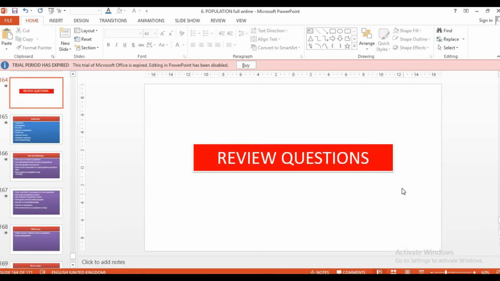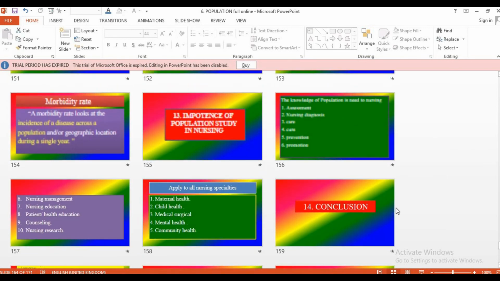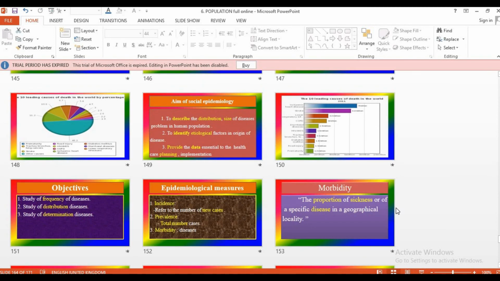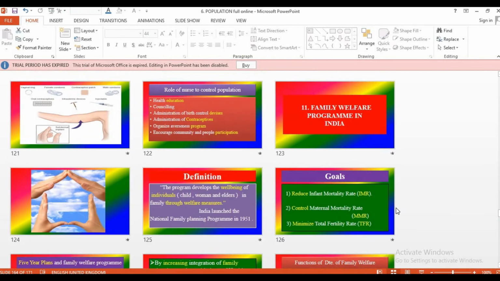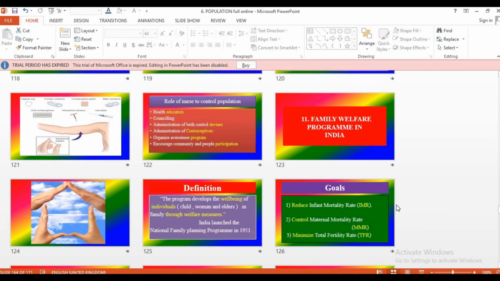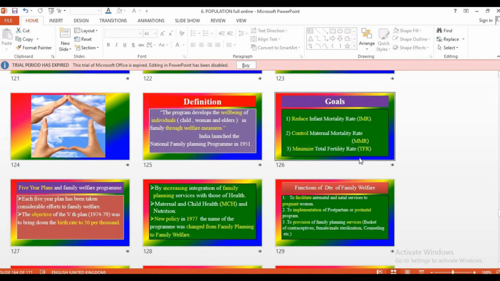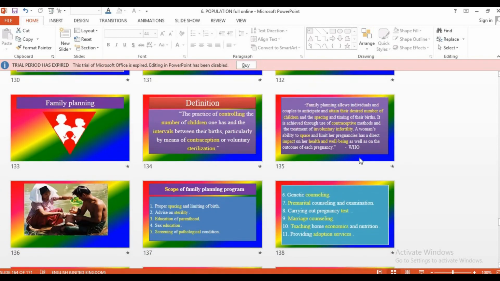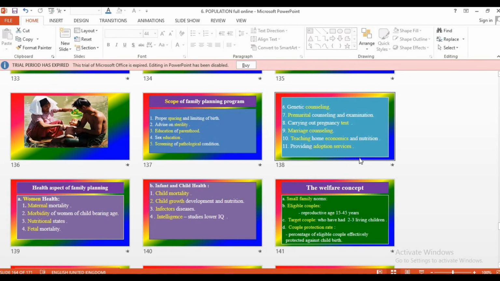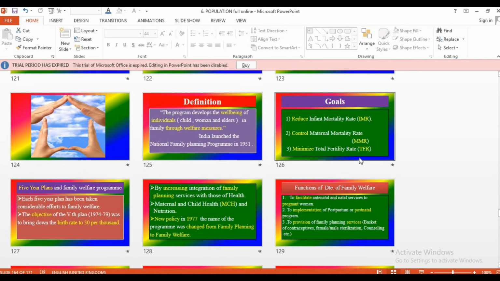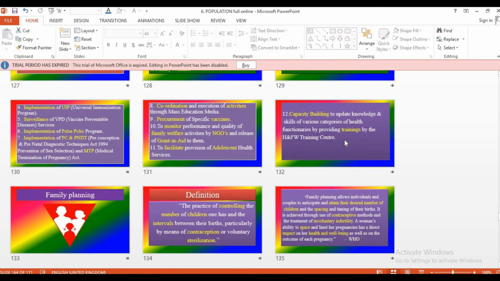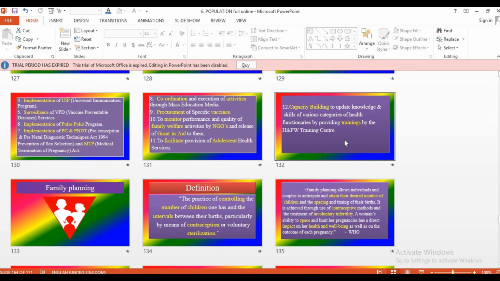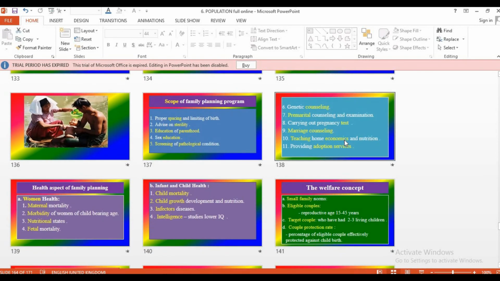So what have we learned today? Family welfare program in India. The key point is that till 1977, the family welfare program was named family planning. After 1977, the name was changed to family welfare.